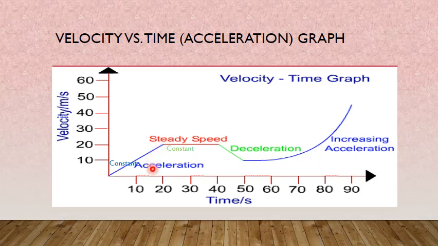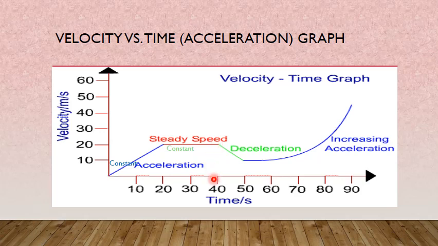In case 2, suppose the velocity is constant. For 20 seconds the speedometer reading shows 20, and for 30 seconds also the speedometer reading shows 20, and for 40 seconds also the speedometer reading shows 20. Then speed is not changing.